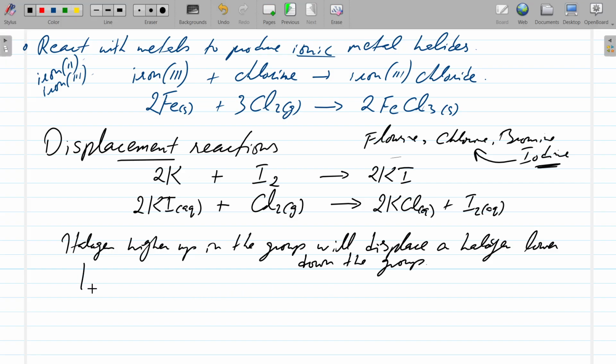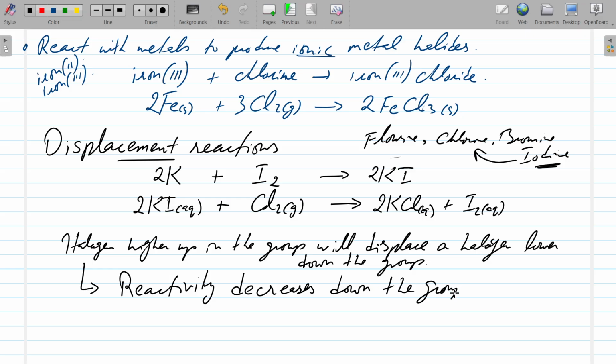And the reason for this is because the reactivity of the halogens decreases down the group. So when you have a metal halide and you introduce a more reactive halogen, because it is more reactive, it will take the place and form a new metal halide and displace or remove the one that is less reactive.